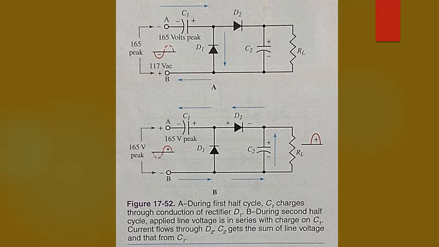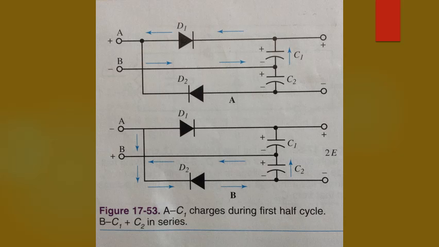A full wave voltage doubler is drawn in figure 17-53. During the positive peak of the AC input, point A is positive. Current flows from point B, charging C1 in the polarity shown, through D1 to point A. During the negative cycle of the input, point A is negative.